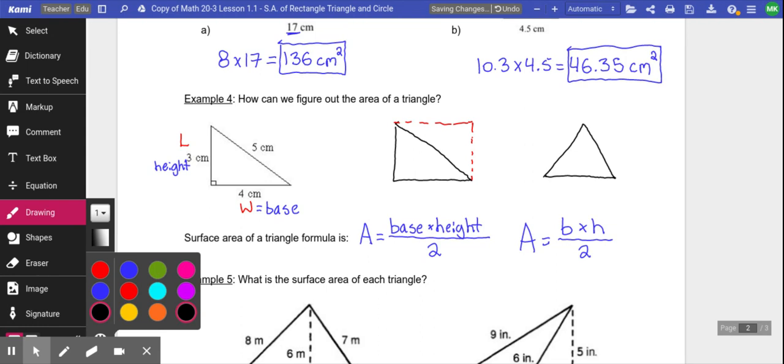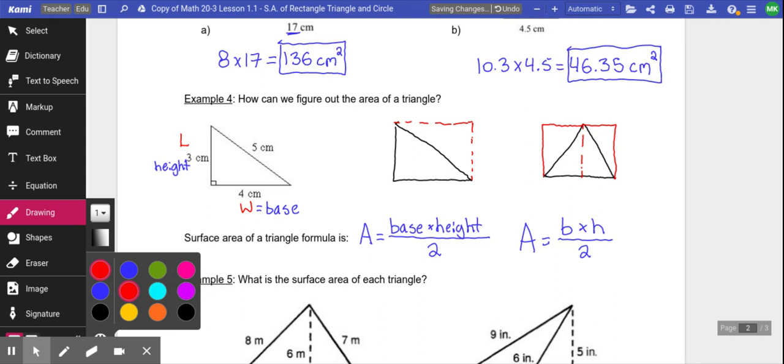Why am I dividing that by 2? But it is half a square. If you took half the triangle and put it right here, you took the other half and put it right here, so it's like 2 halves. They've taken that triangle, split it here and here to create that square or that rectangle.